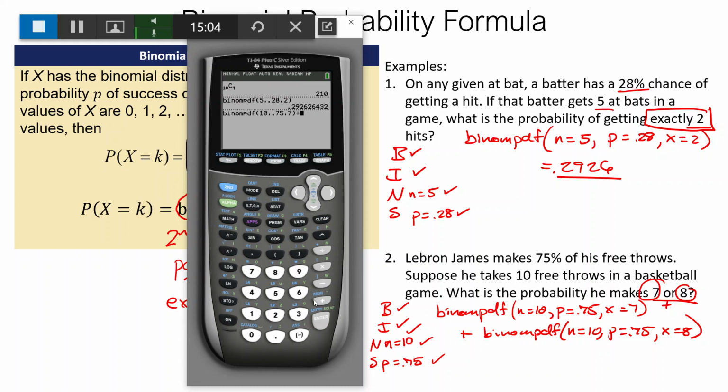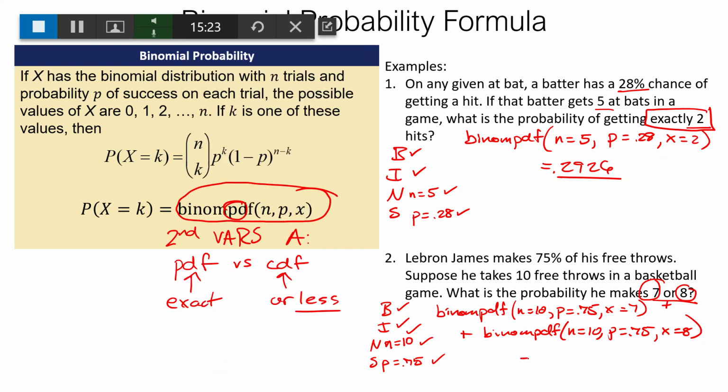Then we type plus, second vars again, down to A, there it is, 10, 0.75, and 8. Press enter, and we add the two answers together and get 0.5318. There's our probability of him making 7 or 8, 53%.